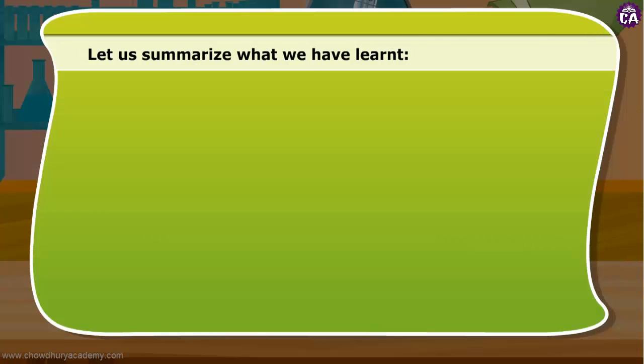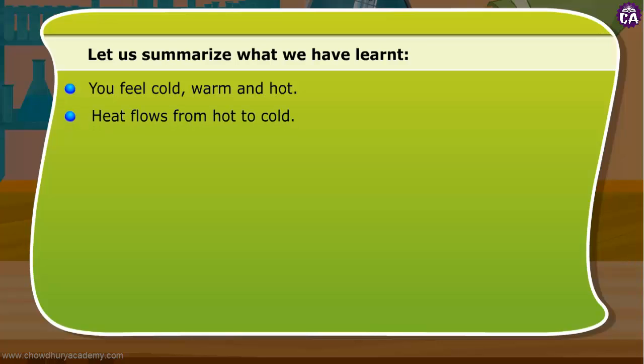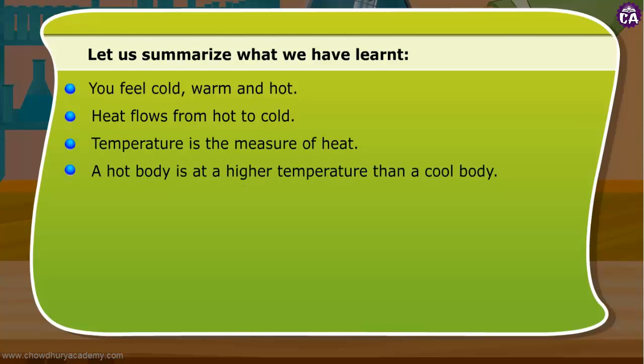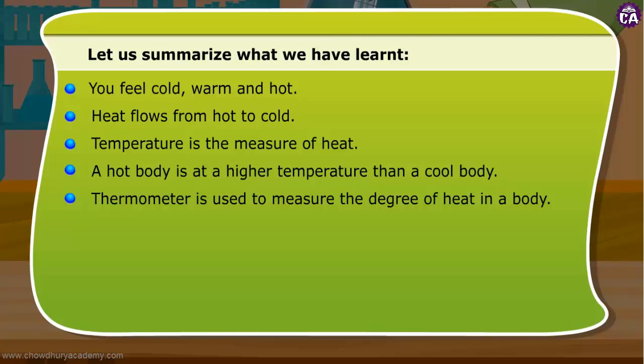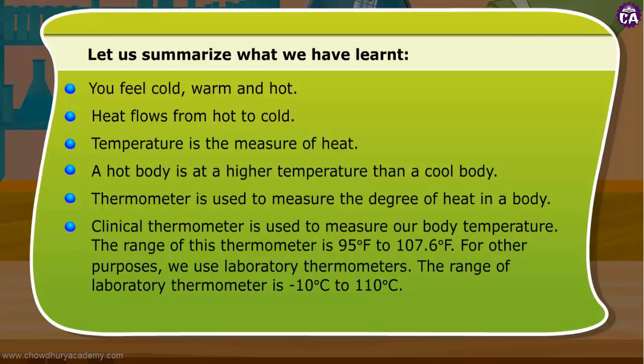Let us summarize what we have learned. You feel cold, warm and hot. Heat flows from hot to cold. Temperature is the measure of heat. A hot body is at a higher temperature than a cool body. Thermometer is used to measure the degree of heat in a body. Clinical thermometer is used to measure a body temperature.